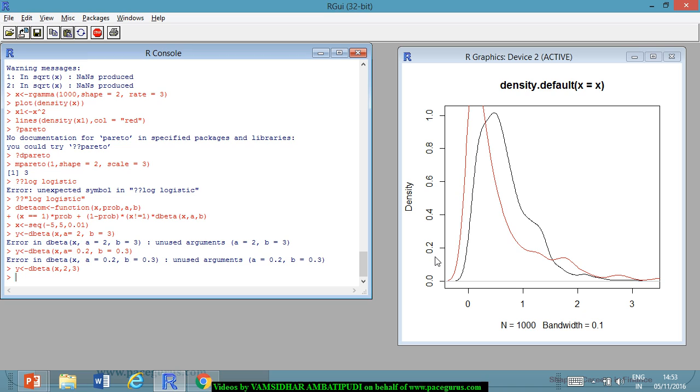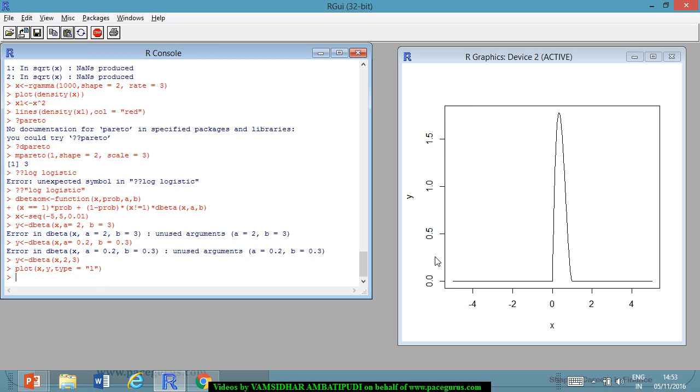So this is what is coming out as y. So let me plot x comma y, type equal to l. So this is how the beta distribution with parameters 2 and 3 typically comes out.